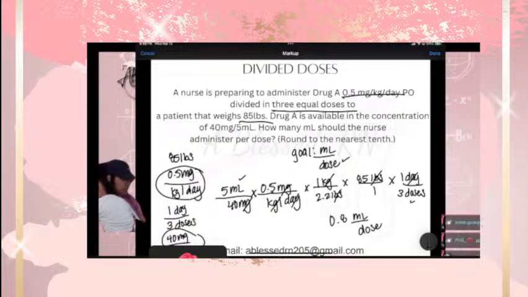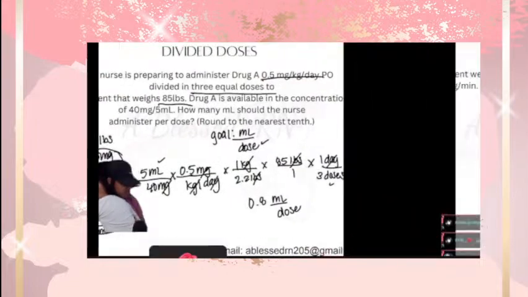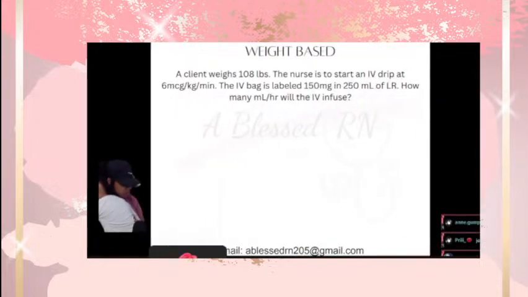Can you do another one of these? This one is new to me. I think I got one. Let's see. Do I have one? I've got more weight-based.